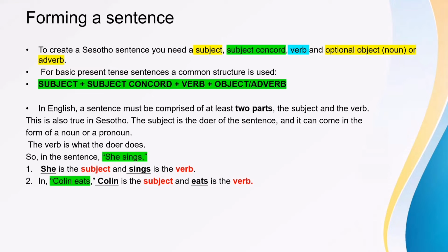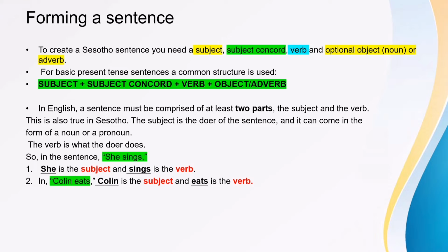So now that we've gone over that and we understand, this is probably going to make more sense now. So for basic present tense sentences, a common structure is used. When we're making the sentence, this is the structure, or the steps, that you need to follow.